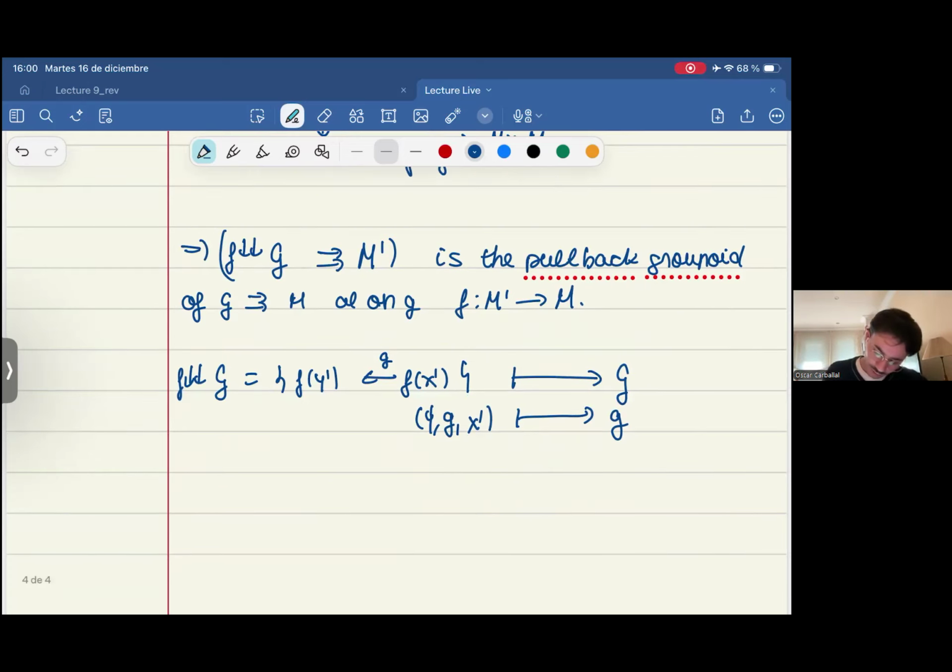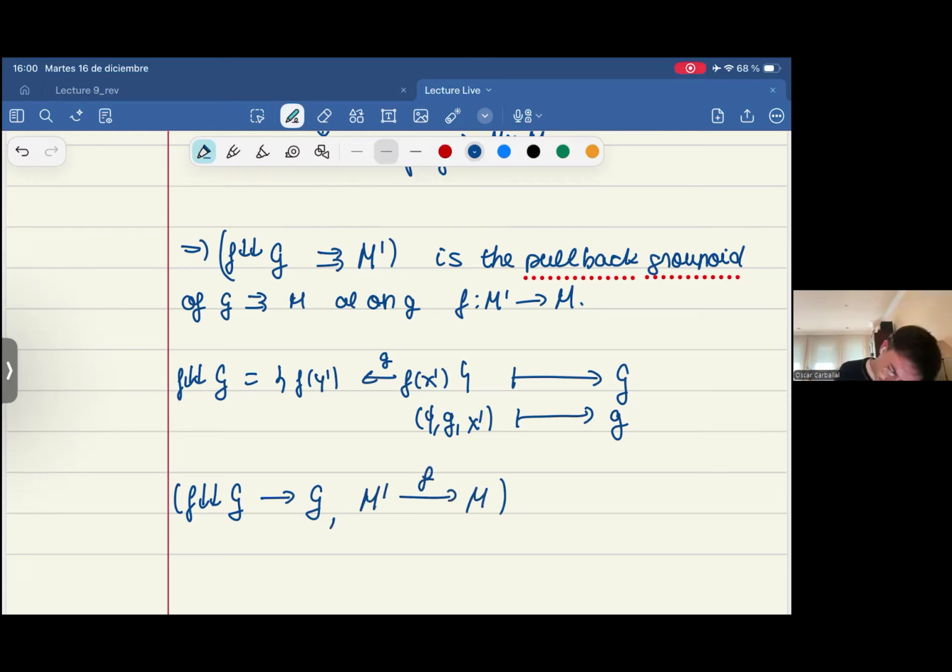And the fact is that this natural projection, together with the map F from M prime to M, is a morphism of Lie groupoids.